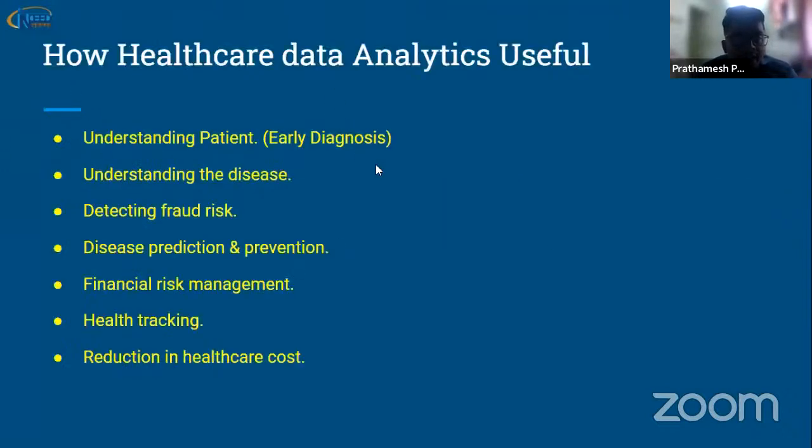So how is healthcare data analytics useful? Like I mentioned, understanding the patients. If a doctor wants to analyze a very critical case, take the COVID time two years back.